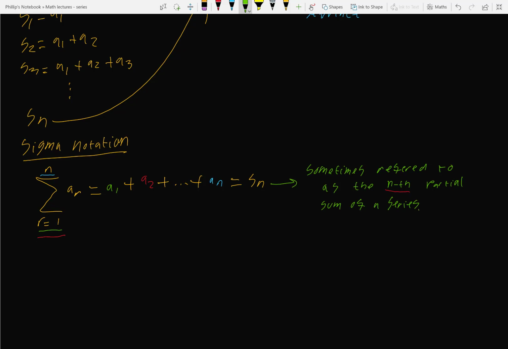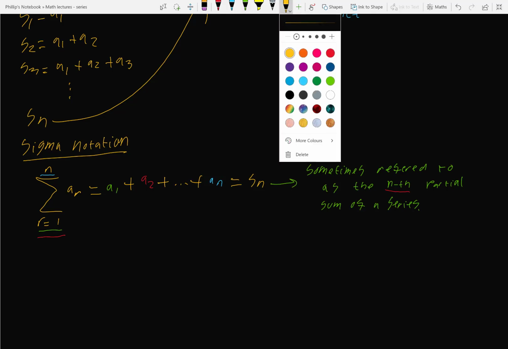Sometimes you have an infinite series and we take the nth partial sum to find out what it tends to. So we can find out what the sum of an infinite series is by looking at what the finite sequence tends to as n tends to infinity. But again, we're not going to look at that too much here.